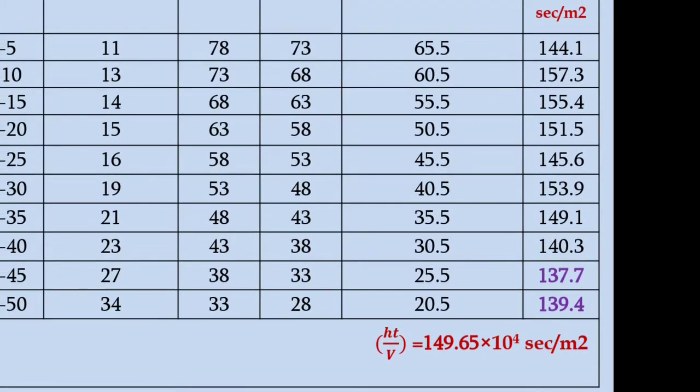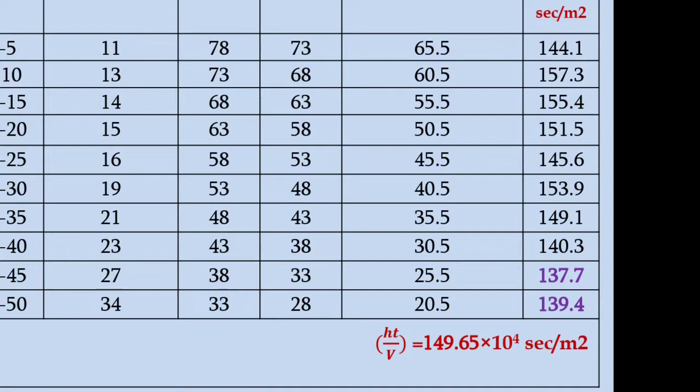It is around 150. In the last two readings, you could see 137.7 and 139.4 deviate from this range. So while taking the average, I have taken out these two readings.